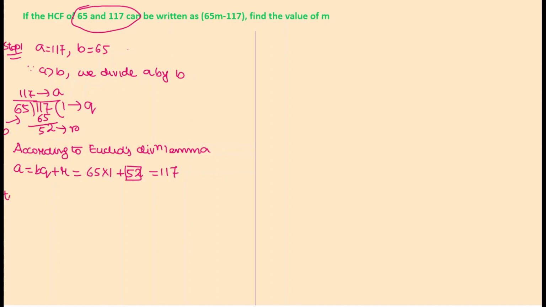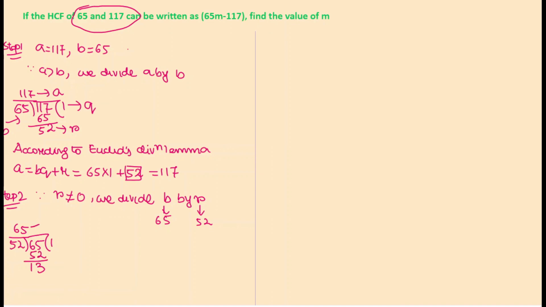So in step 2, since R is not equal to 0, we divide B by R. That is, the B value is 65 and the R value is 52. So 65 by 52. 52 ones are 52. So you are getting 13. So over here 65 is the dividend, 52 is the divisor, 1 is the quotient and R is the remainder.